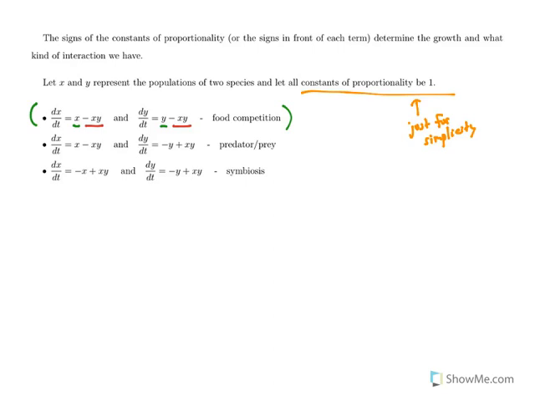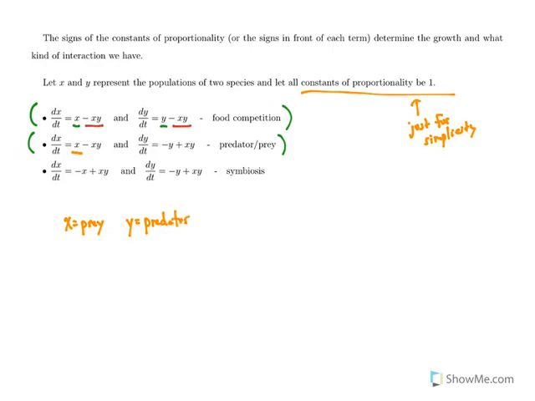So now let's look at the predator-prey situation and see how that might look. For one species, if you look at the other species and they don't exist, X is the prey, and Y is the predator.